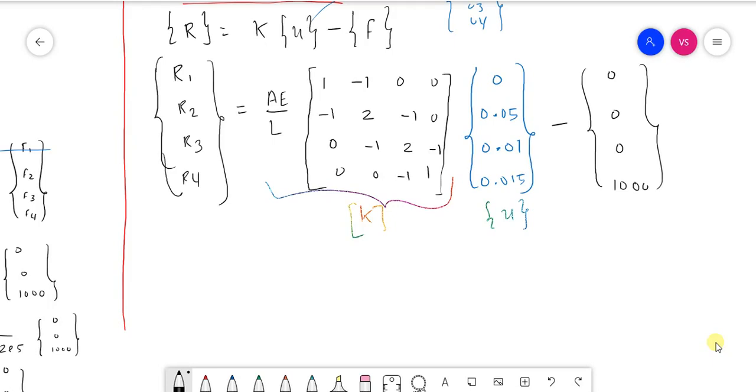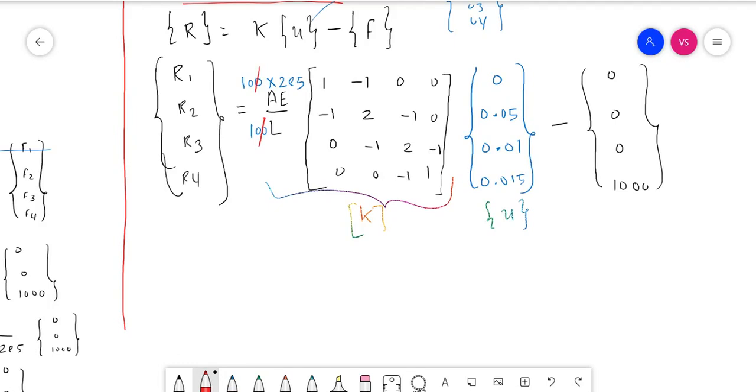So first let us go for R1. Here we can use the value of A as 100, E as 2E5 and L as 100. So this 100 will get cancelled here. You will have only 2E5.